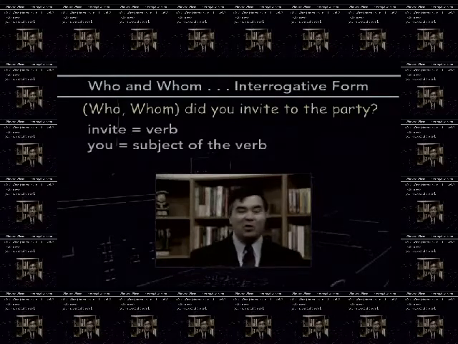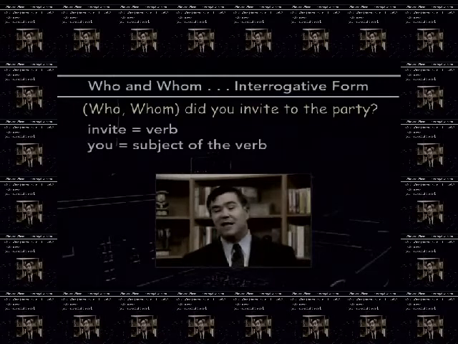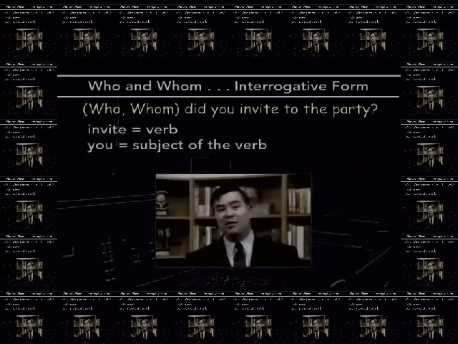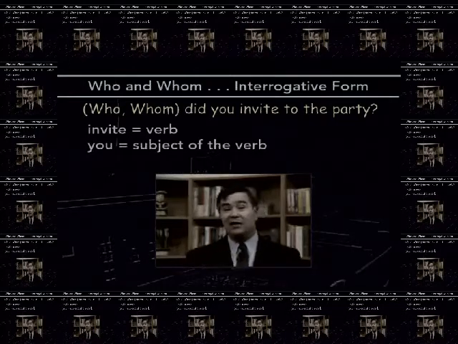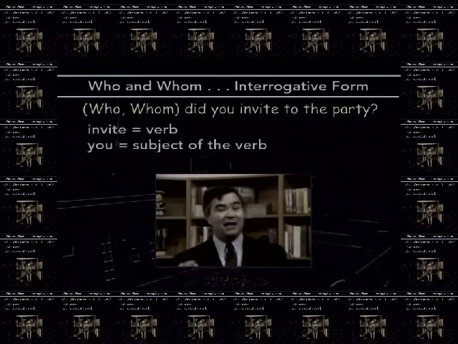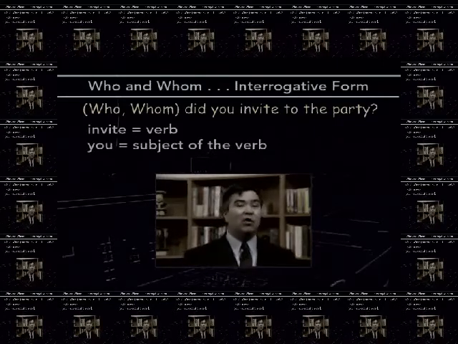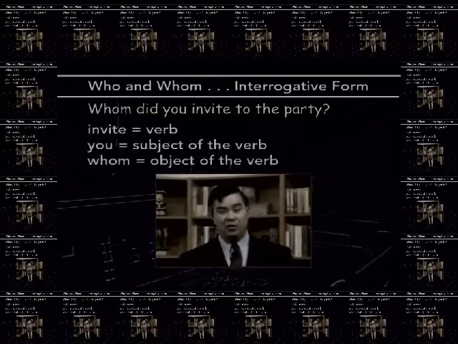Therefore, who or whom can't be used as the subject of the verb. Instead, it's the object of the verb. It's the one being invited. It's the one receiving the action of the invitation. You is the subject of the verb invite, and the object of the verb is who or whom. Since the pronoun is the object of the verb, whom is correct rather than who.